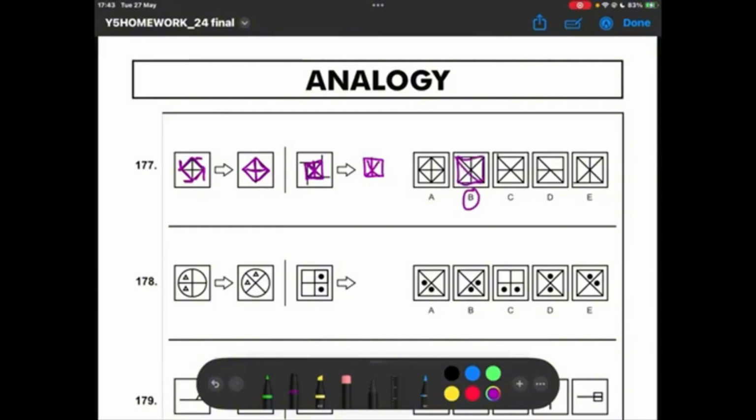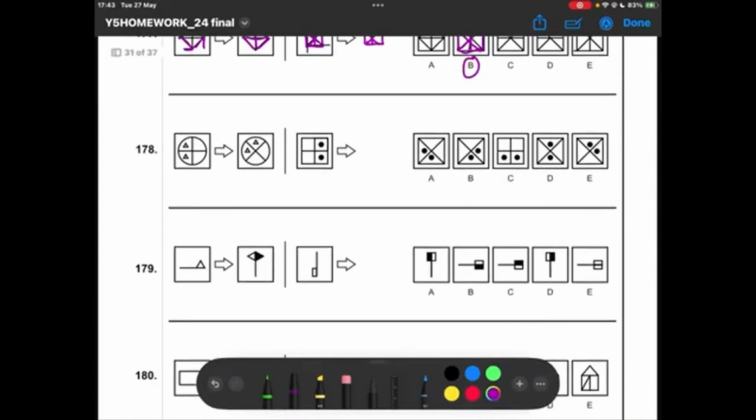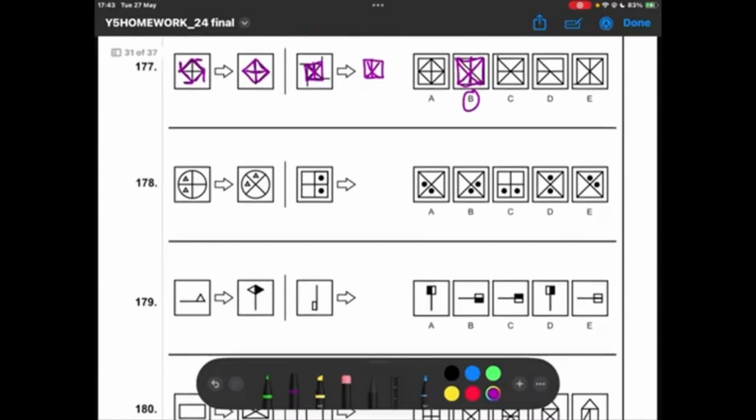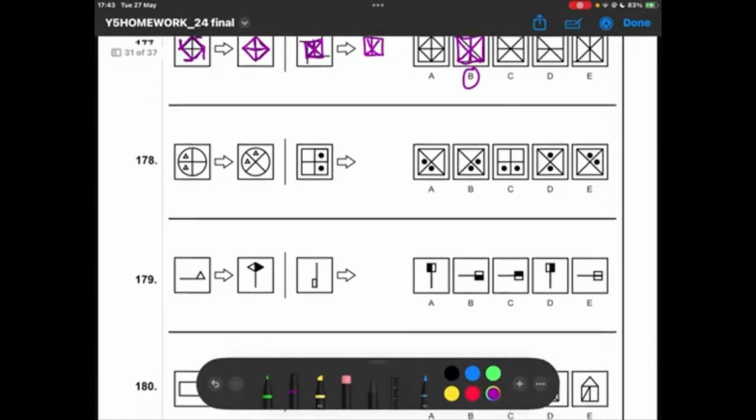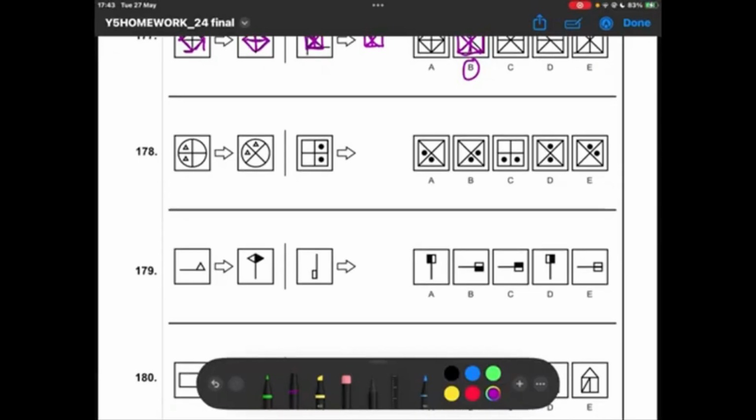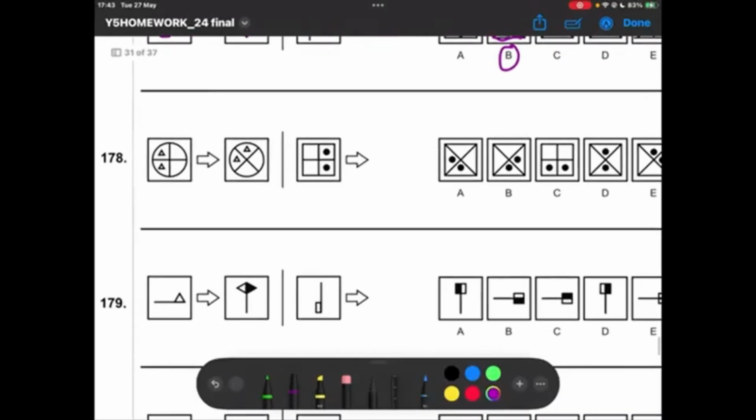We've got the square with these lines going through it. Next question. Here, the circle rotates 45 degrees clockwise. So this square will also do that.